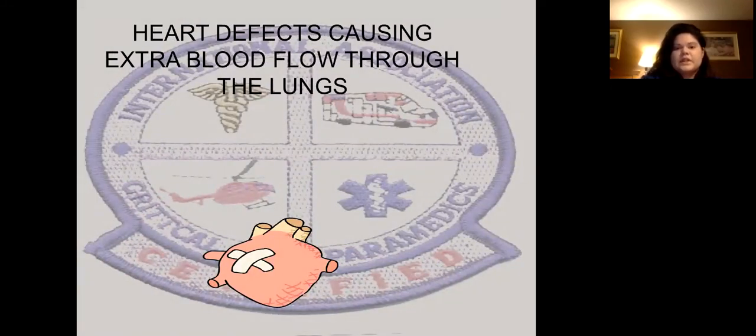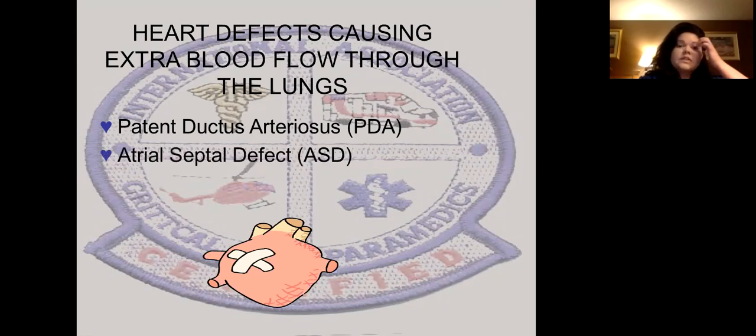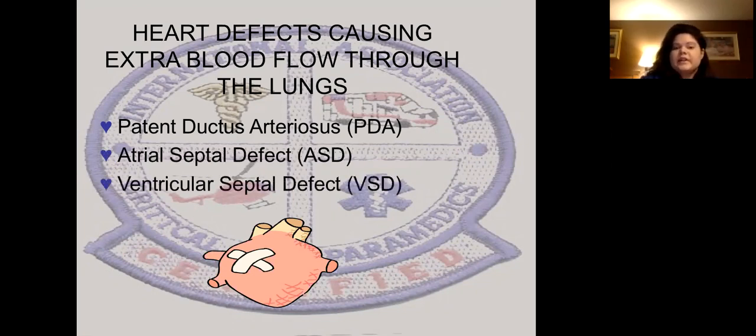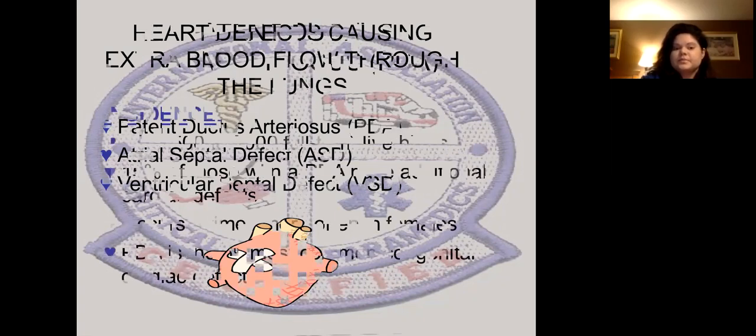So the ones that cause extra blood flow through the lungs, you're going to have your PDA, or your patent ductus arteriosus, an atrial septal defect, or ventricular septal defect. And if you think about the anatomy again, you can see where that could be a problem, causing extra blood flow through the lungs based on where the defect is in the septum.